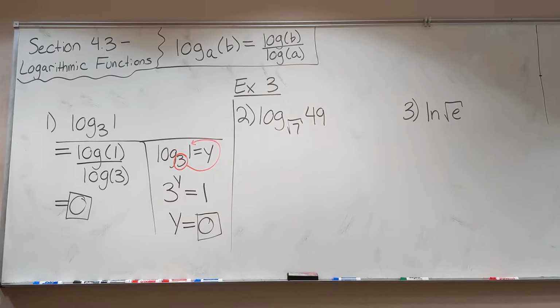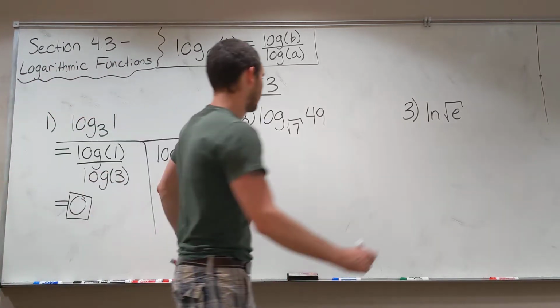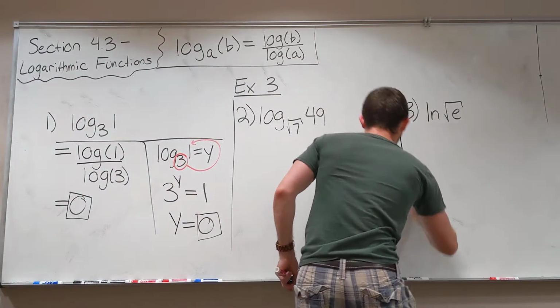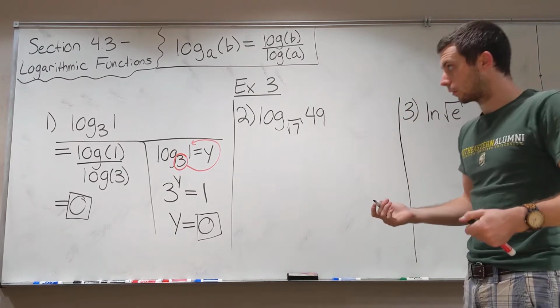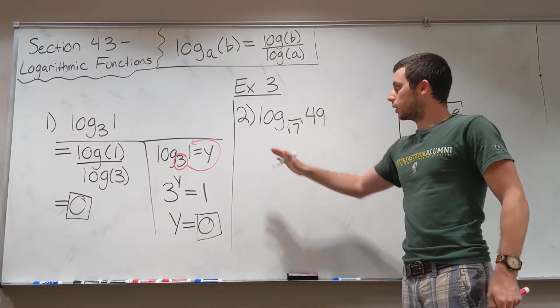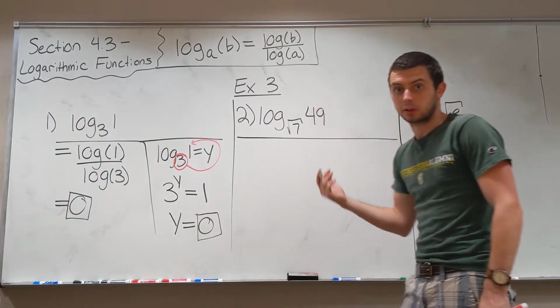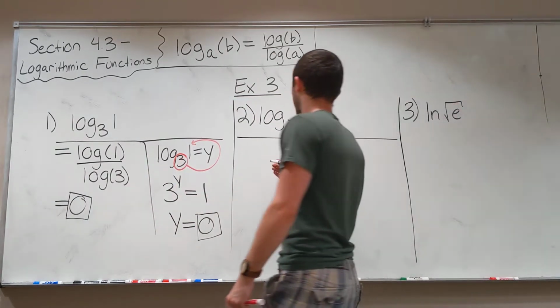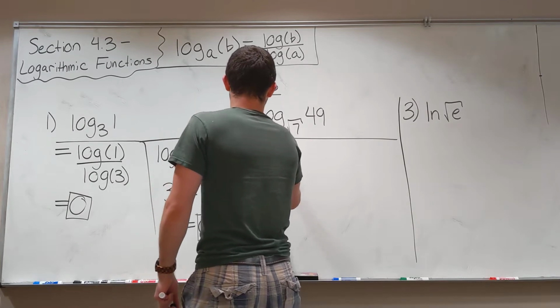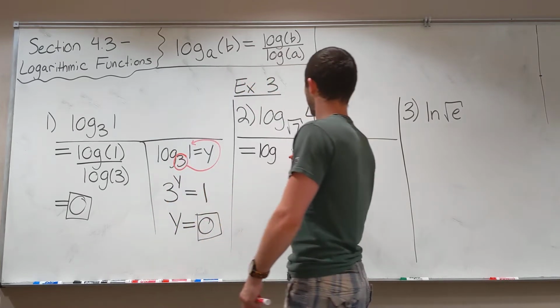So let's go ahead and look at problem 2 over here. For problem 2, we'll look at both ways. We'll start off with the initial way, by using the calculator. But to use the calculator, we have to write it in the correct form.